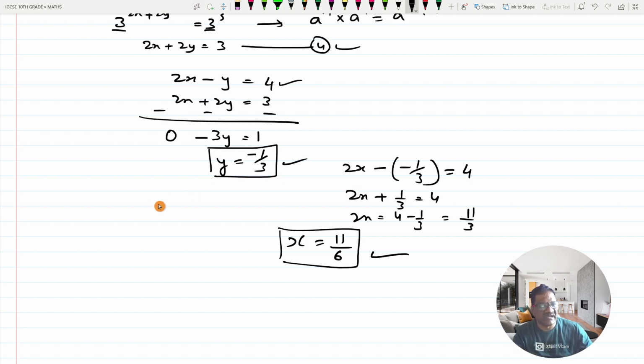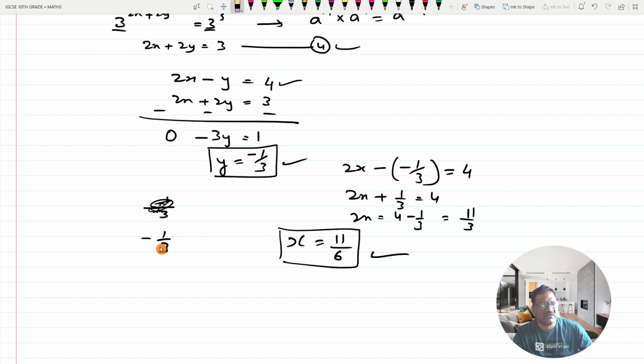In the book behind, this minus and this division sign both have got combined and it makes me read it as y equal to 1 upon 3. But it's not like that. There's a gap over here. It's minus 1 upon 3. Anyways, so this is the right answer. Minus 1 upon 3 is my y and x is 11 by 6.